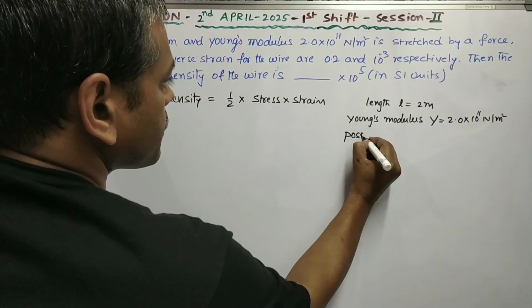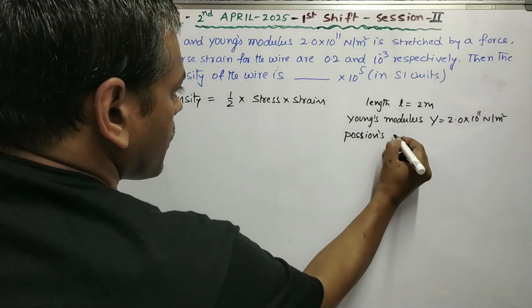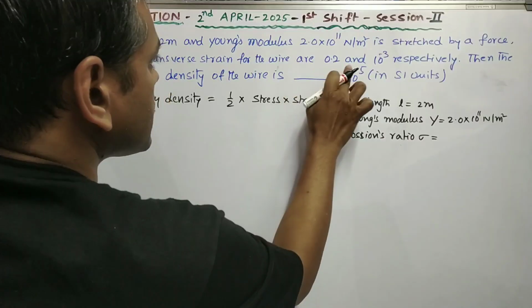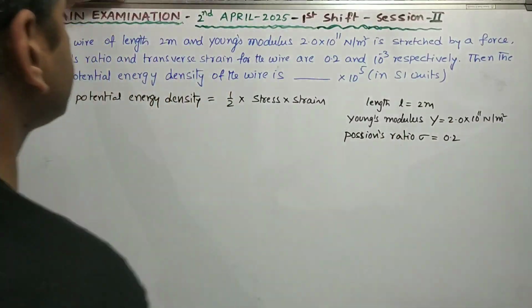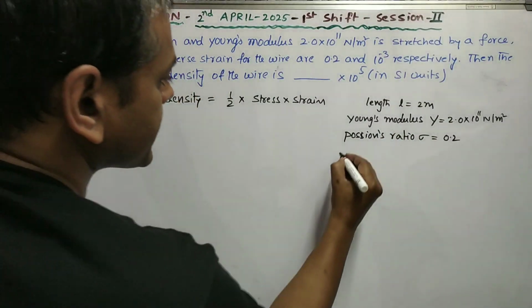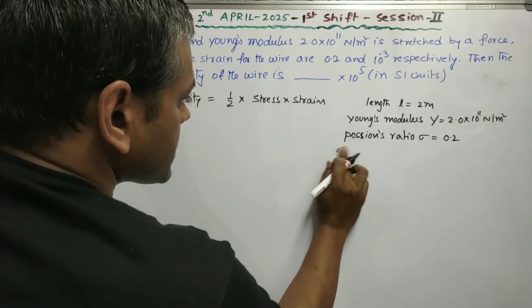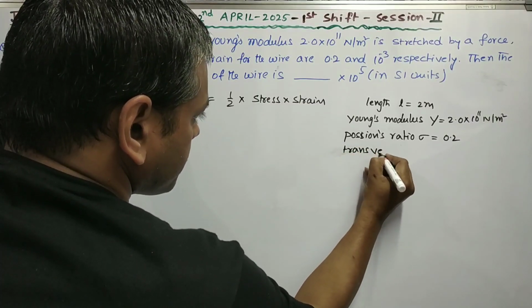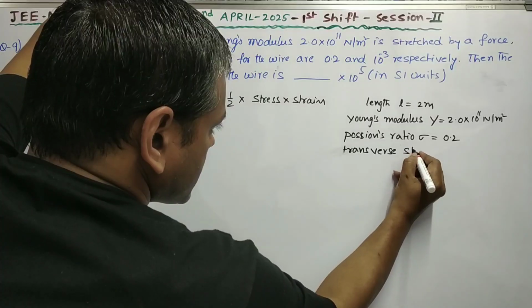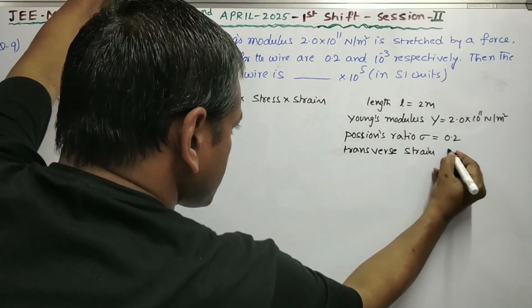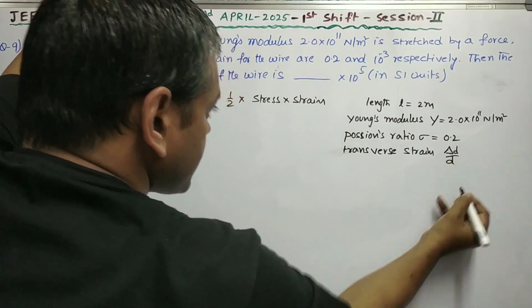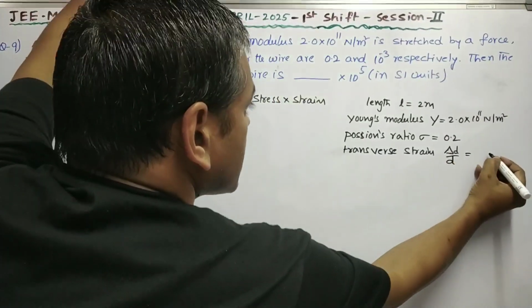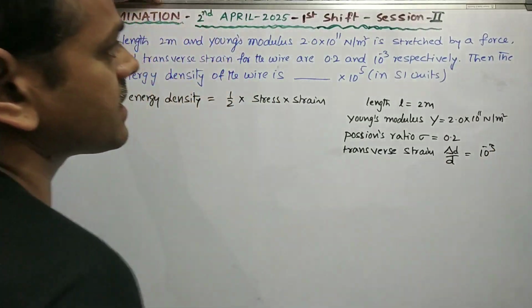Poisson's ratio sigma is equal to 0.2, and transverse strain, that means change in diameter by original diameter, delta d by d, is equal to 10 power minus 3.